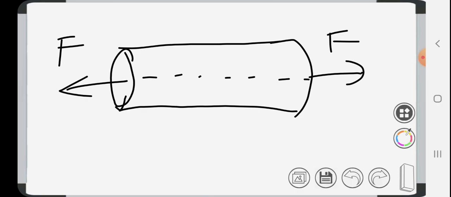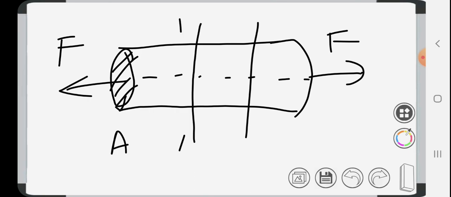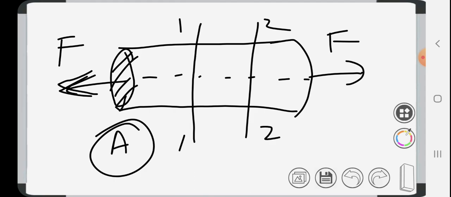So it is very easy to find the stress in these cases, because since this is uniform, suppose this area is A, so this area is constant at any cross section, 1-1 or 2-2, at any cross section the area is same. So this is considered to be a simple structural member, which is having a single loading.